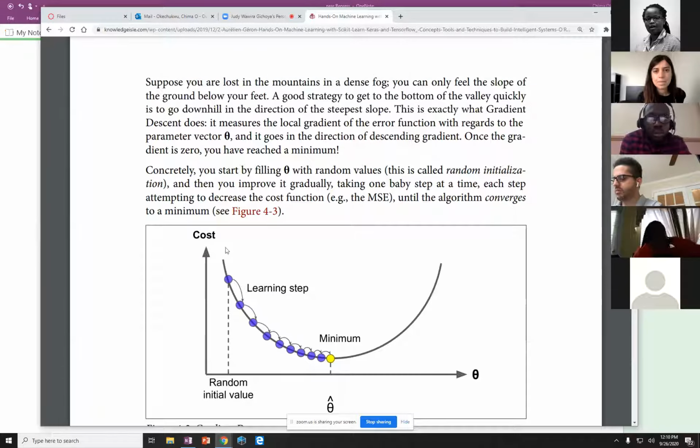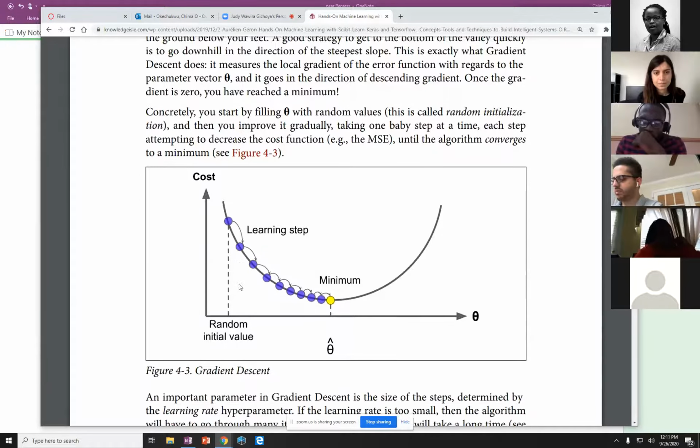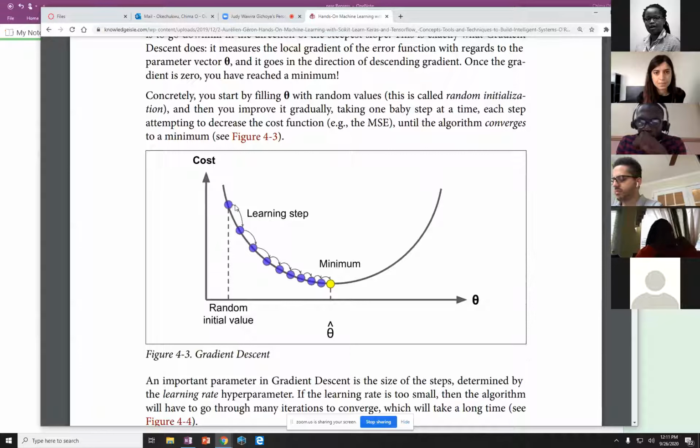The cost function, because of the squared value, is bowl-shaped. The way everyone describes this is that you start from one point.